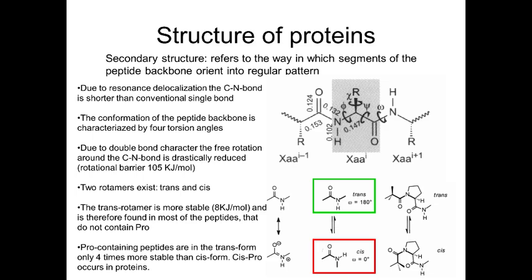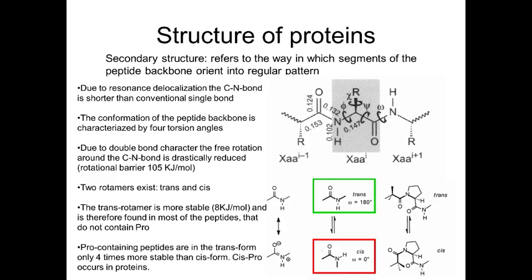So therefore, due to this partial double bond character, there only exist 2 rotamers, the trans and the cis form, which are shown in the green and the red box respectively. So the angle omega can only adopt 0 degrees or 180 degrees.